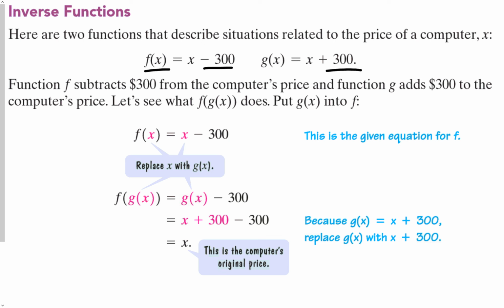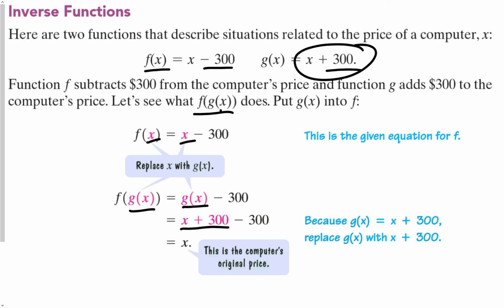So function f subtracts $300 from the computer's price, and function g adds $300 to the computer's price. Let's see what f of g of x does. We're going to put g of x into f. When I do that, I replace x with g of x, which is equal to x plus 300.